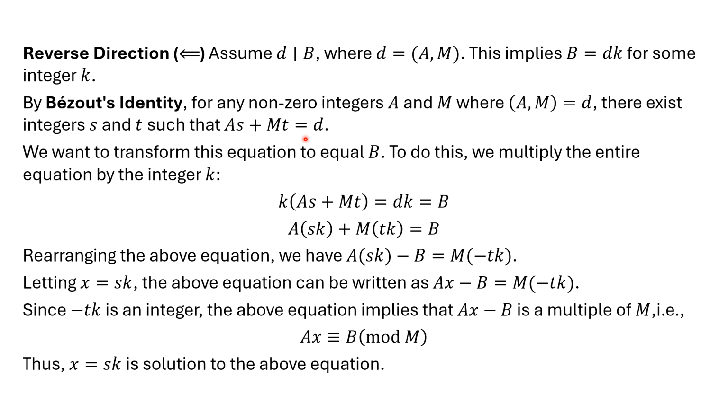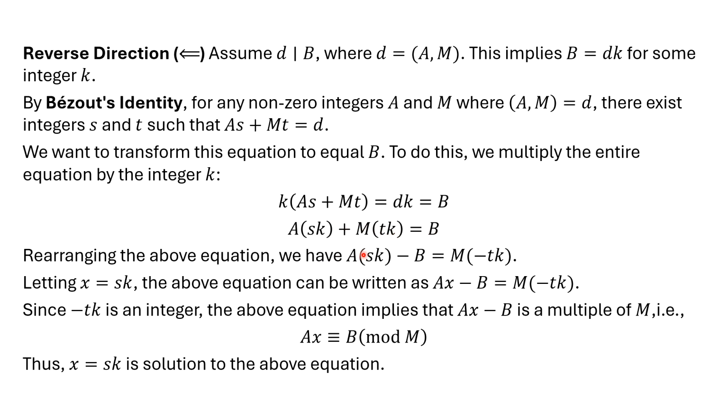Now if we multiply both sides of this by k, then we get k times this plus k times d, but we know that's b. We're trying to get it into this form here, so that's the direction we're going. Then we just multiply this out, we get ask plus mtk equals b.